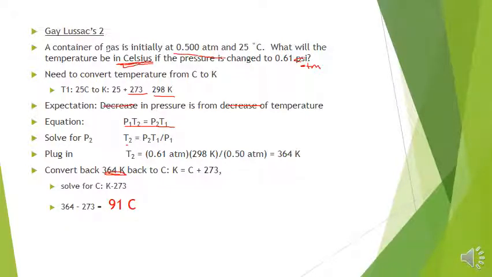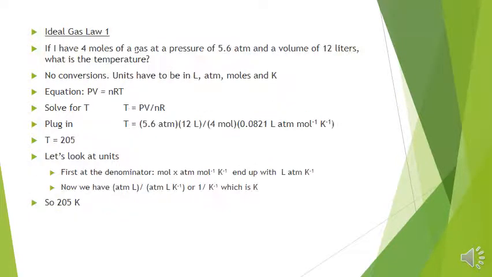Okay, so that's the answer in Kelvin. Now I want it in terms of Celsius, so I need to subtract 273, and I get 91 degrees Celsius. So to get the pressure from 0.5 to 0.61, I had to increase the temperature from 25 degrees Celsius to 91.